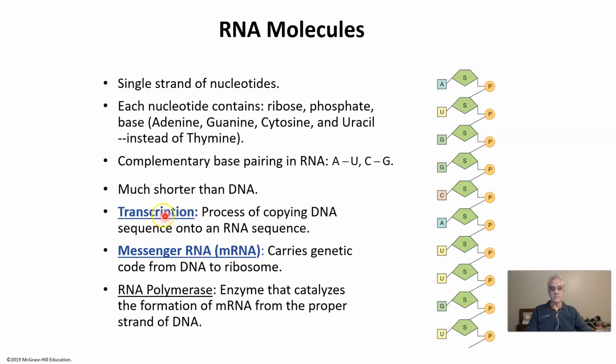Another difference is that it's shorter than DNA. Remember, I told you that a molecule of chromatin can be 100,000, a million, literally, or more bases long, or base pairs long in that case. However, only smaller segments of that sequence of DNA actually code for a protein.